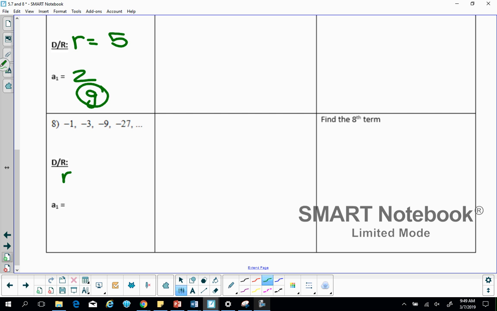What's your R here? Is it positive or negative? This one's going to be positive. There's going to be a positive 3 because when you multiply it by 3, it just gets you a negative again. So don't get confused by the negative numbers. What's your A1 though? Your first term. Negative 1. And it's geometric. Cool.